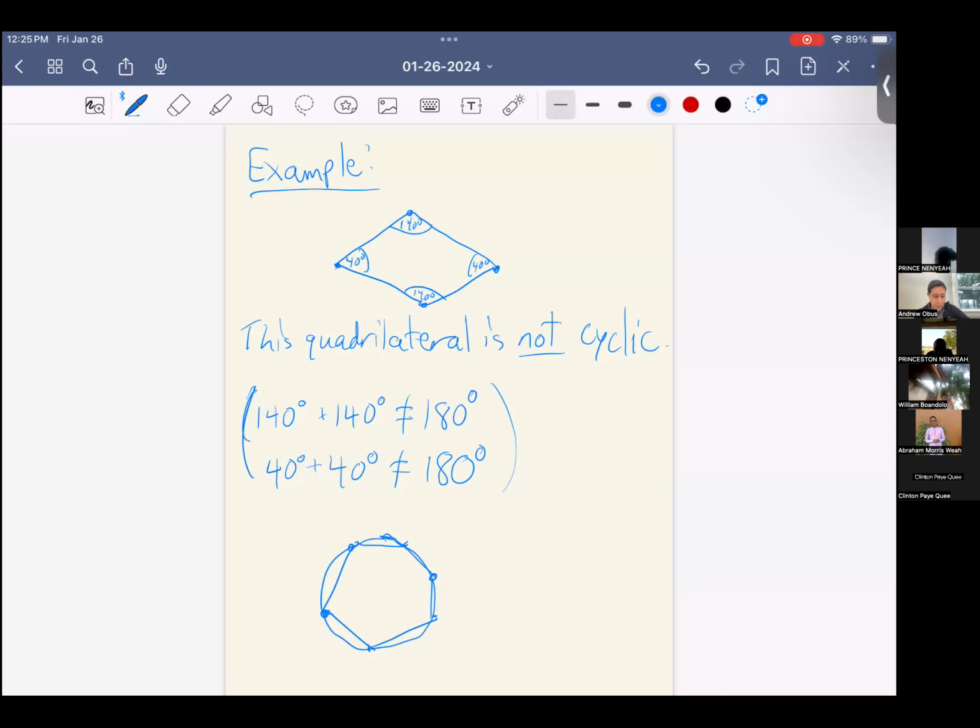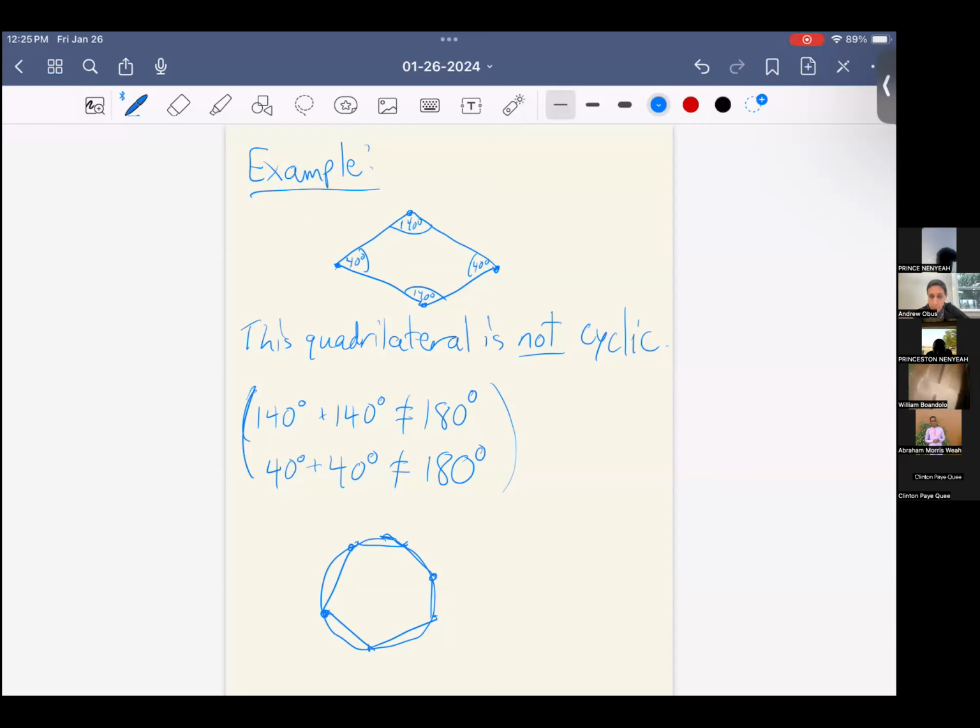Whereas for triangles, it's every triangle. Yeah, so you said if we get beyond a triangle, does that mean that we have a cyclic triangle as well? Every triangle is cyclic. Every triangle, and I did not prove that. That requires a proof. But every triangle can be inscribed in a circle. So every triangle is cyclic.